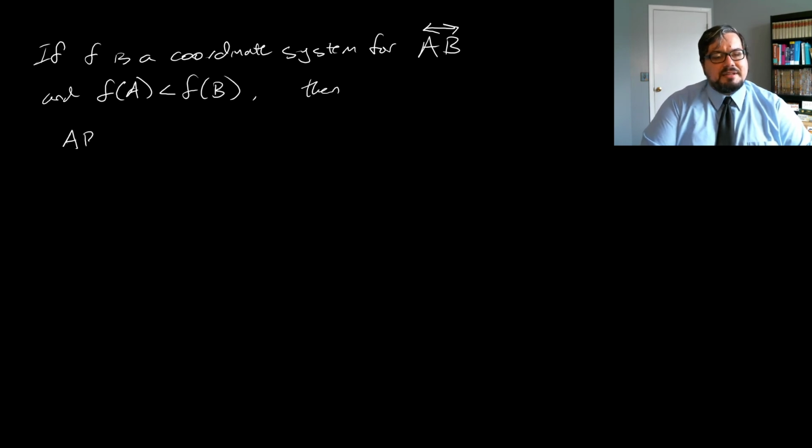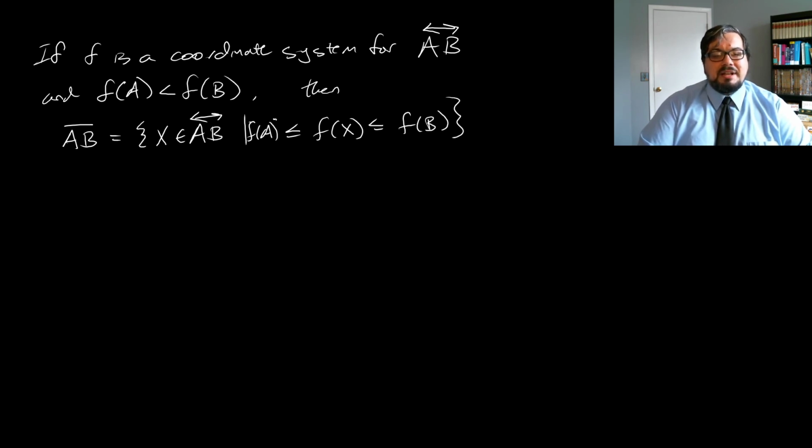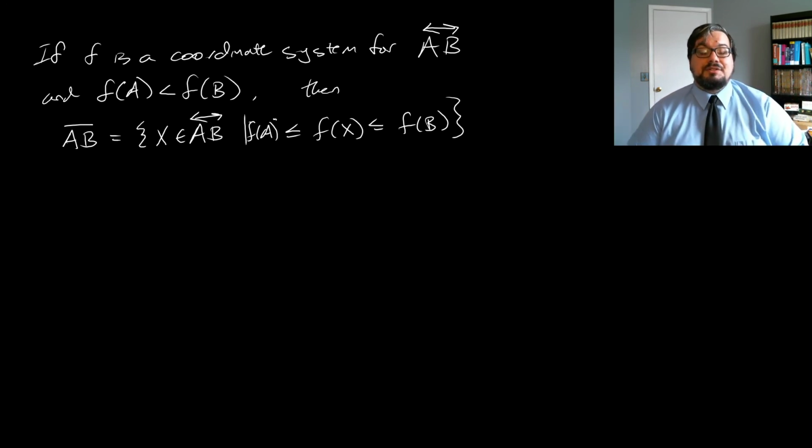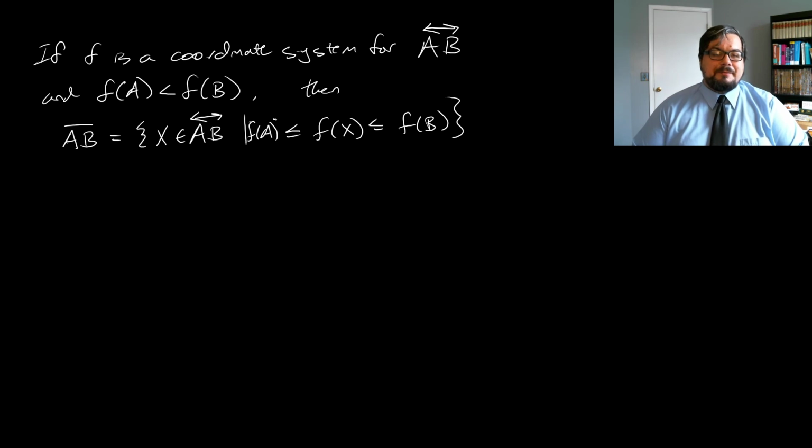Then the segment AB is equal to the set of all points x in the line AB such that f of x lies between f of A and f of B. But now we can use the weak inequalities in order to capture the two endpoints within this single set construction. Because if x is equal to A, then f of x would be equal to f of A, and so it would still satisfy this condition.